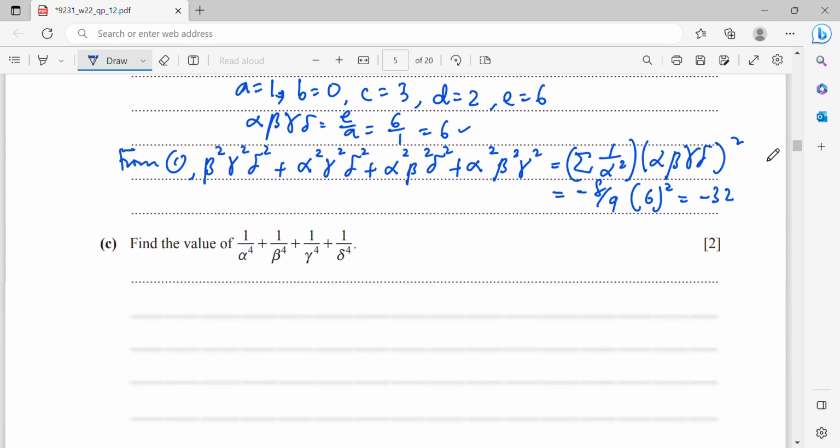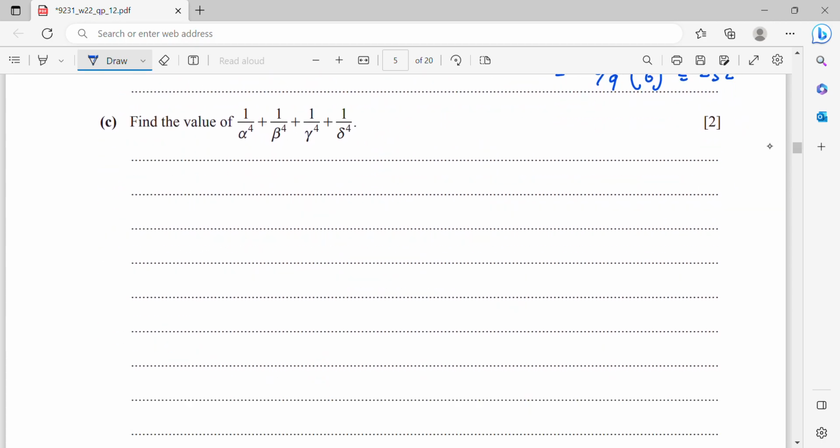Now, lastly, find the value of the summation of 1 over power 4 of the original roots. So here, 1 over alpha to the 4 plus 1 over beta to the 4 plus 1 over gamma to the 4 plus 1 over delta to the 4.